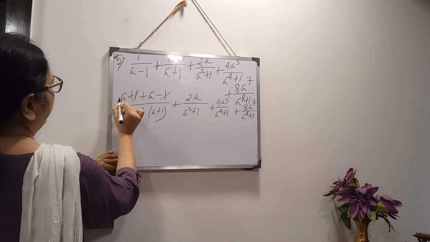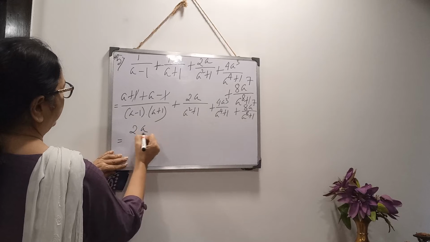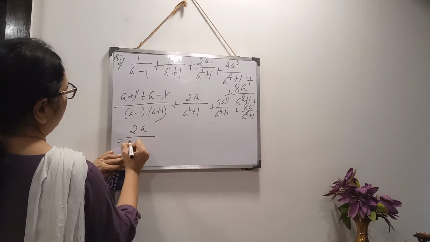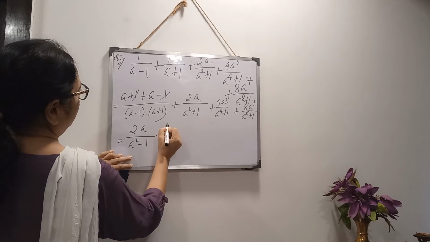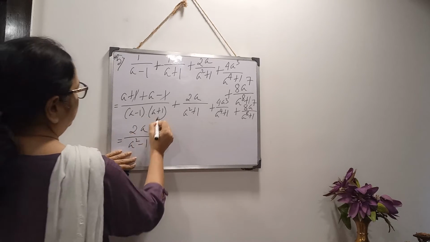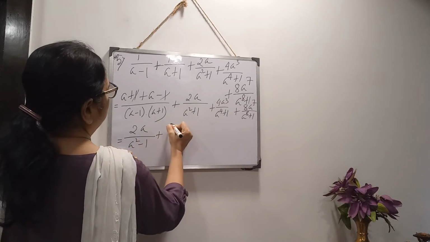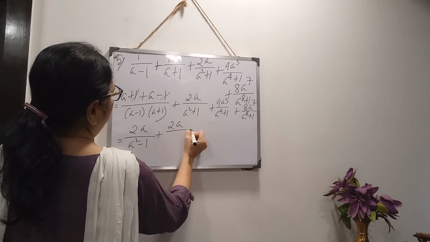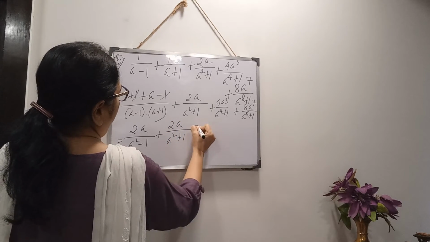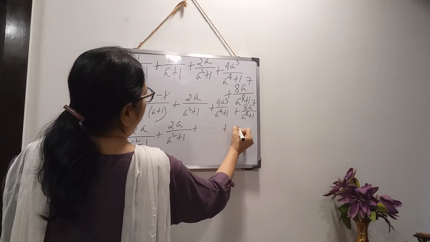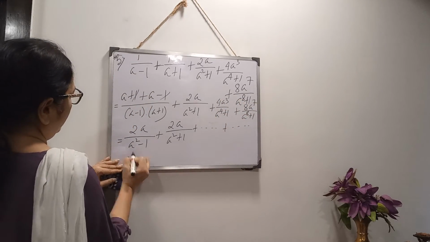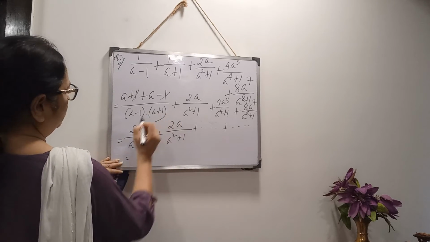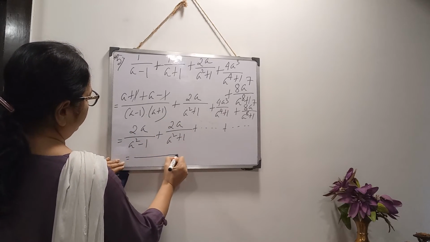Now here a plus a, 2a, and denominator use formula, a square minus 1, a minus b into a plus b. So a minus 1 into a plus 1 means a square minus 1. Then I think you are understanding that this term you have to copy. Now these two terms. What is the LCM?